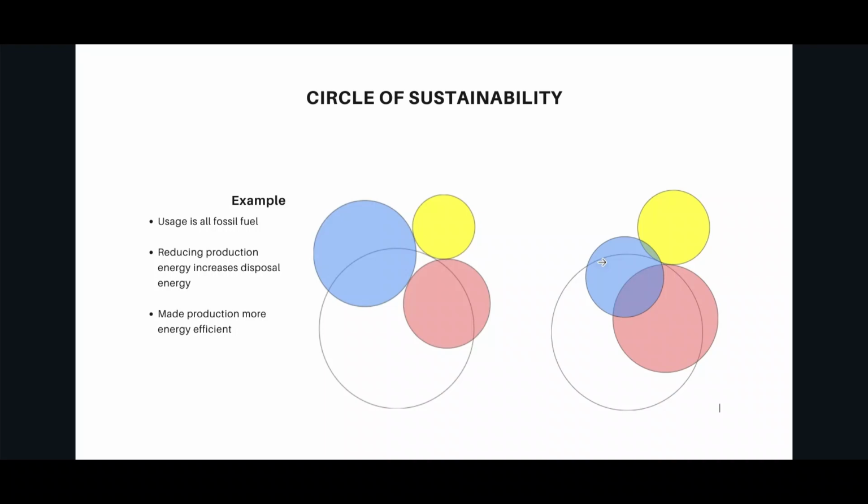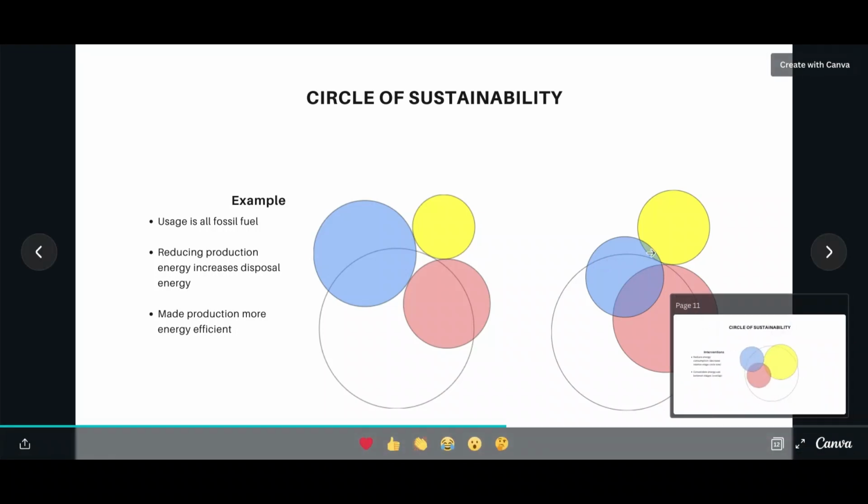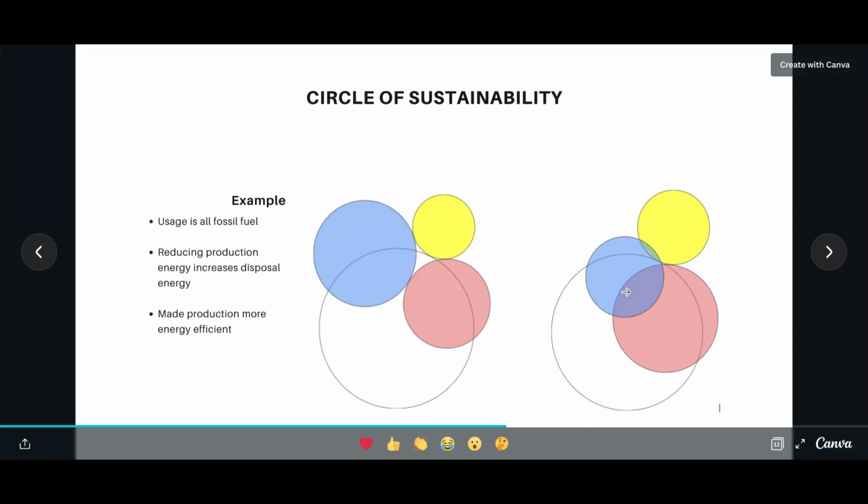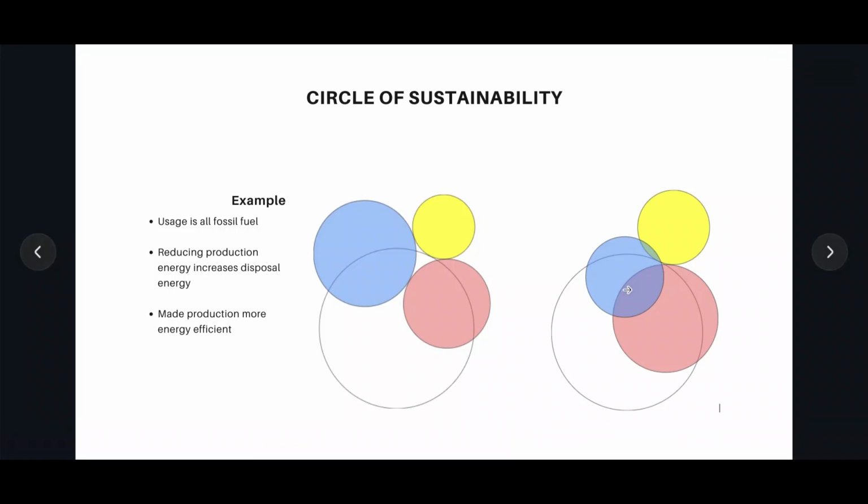But this is qualitative and representative, and the size of these circles are relative to each other. Anyway, there are 2 overlaps here now, but still no overlap between the product use stage and the disposal stage. So we retained that relationship, but created 2 new areas where processes can be shared to conserve energy.